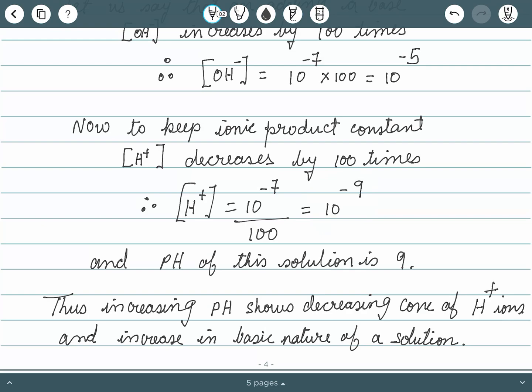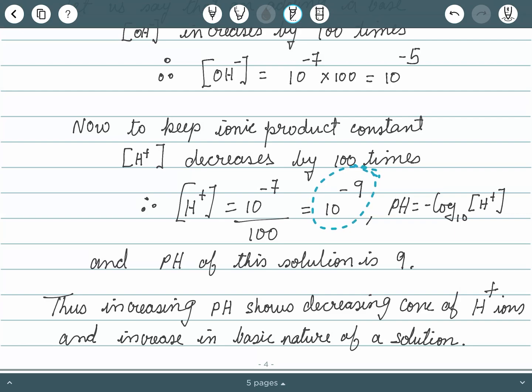Remember this, that pH is negative logarithm of the concentration of hydrogen ion to the base 10. And now the concentration of hydrogen ion is 10 to the power minus 9.